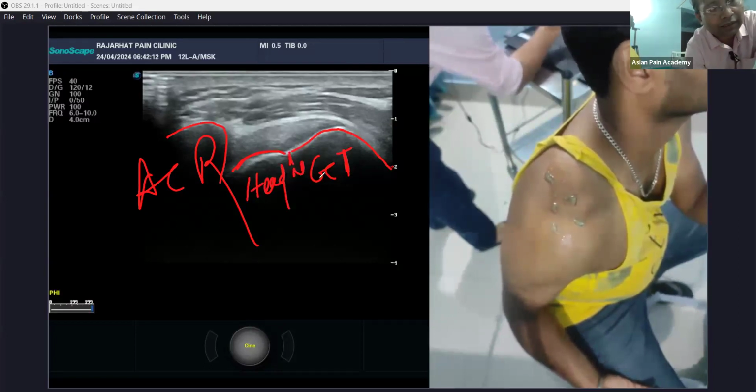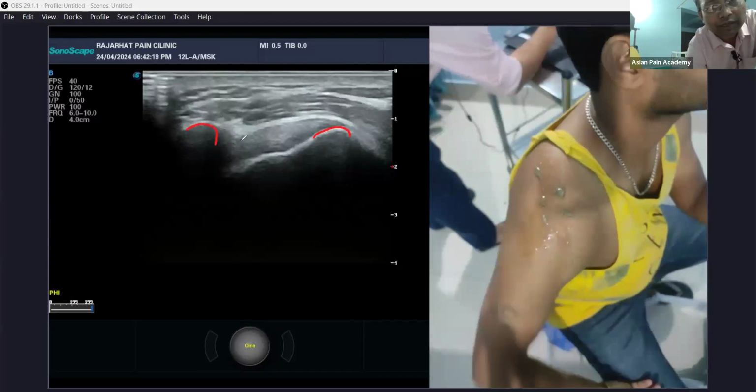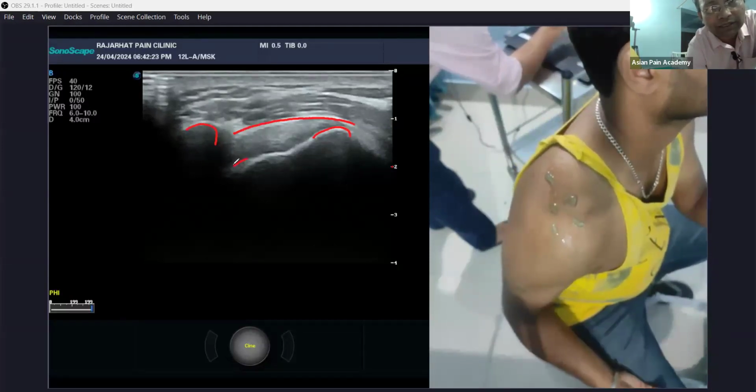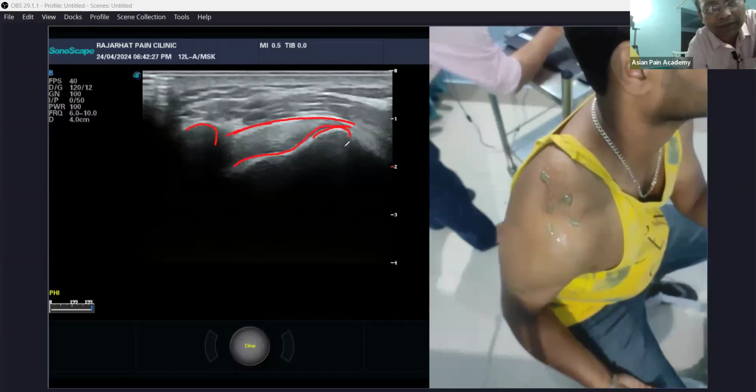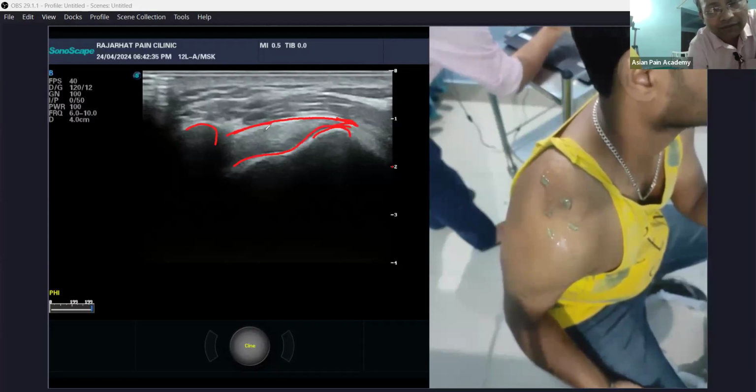So acromion, greater tuberosity, and below the acromion, this is the supraspinatus tendon, which is giving a bird's peak appearance. Okay, so here, as it is the whole tendon, it is always white. It is the fibrous structure.